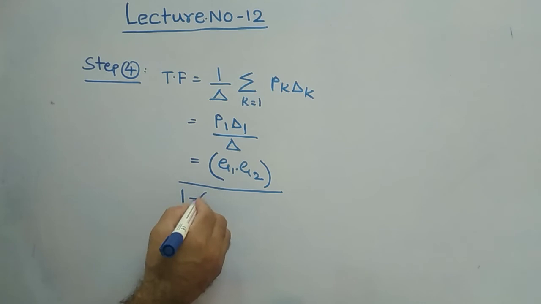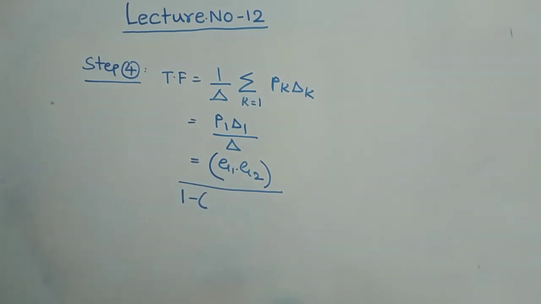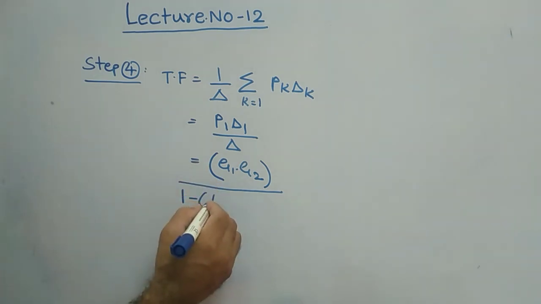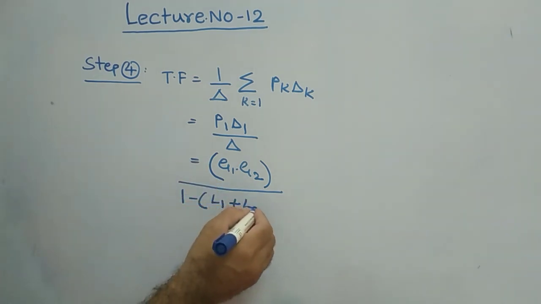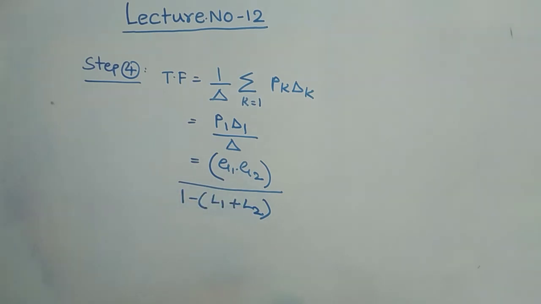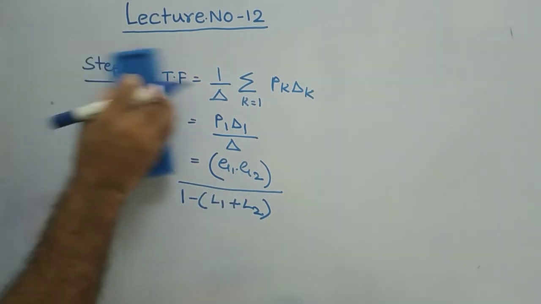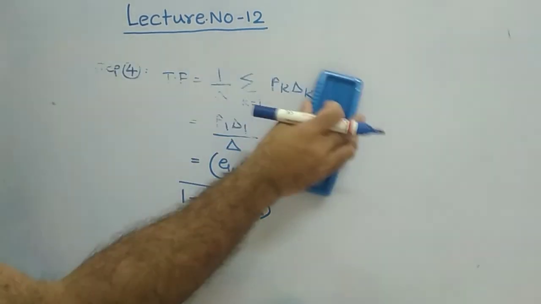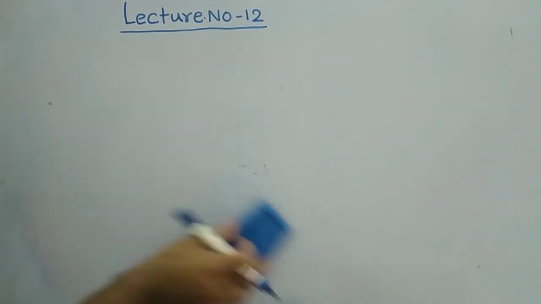Delta is 1 minus the sum of individual loops, meaning L1 plus L2. Substitute your values of L1, L2 in this. Is it not? Therefore, what will you get? I will write the final answer for you.